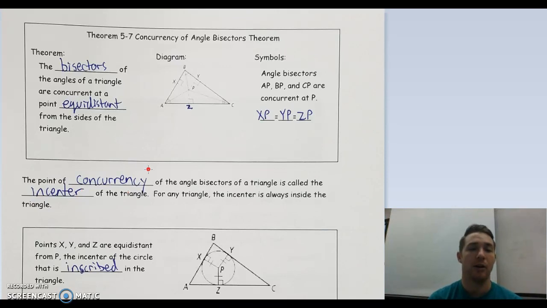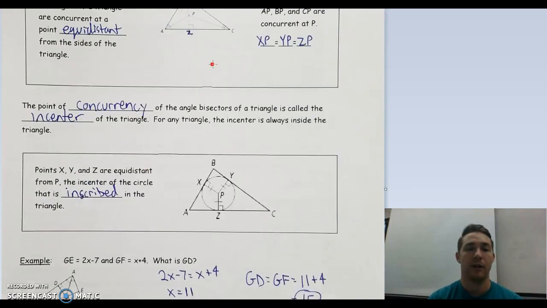So remember incenter because basically if I draw a circle inside that triangle, it's always going to be in the center. So if I have X, Y, and Z, and these distances are all the same, the point where these meet is going to be the center of a circle that's within your triangle, not like the last time where we had a circle circumscribed outside of your triangle.